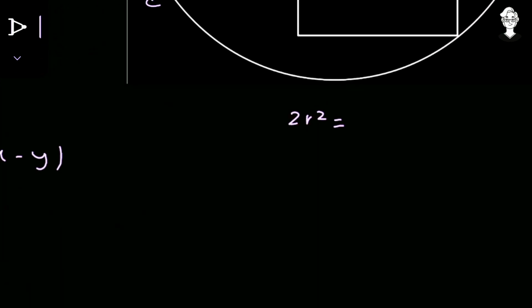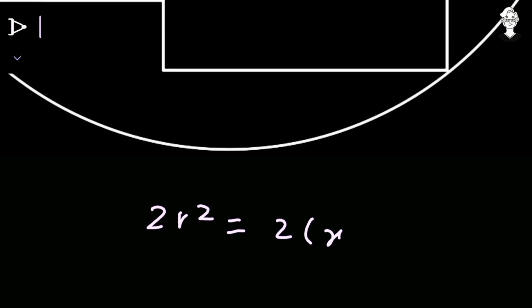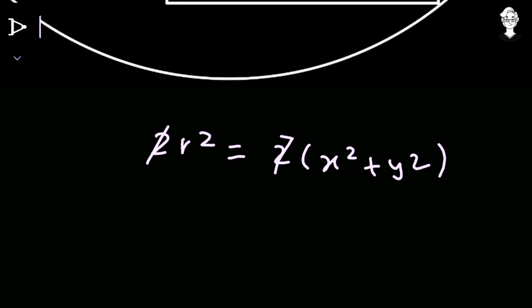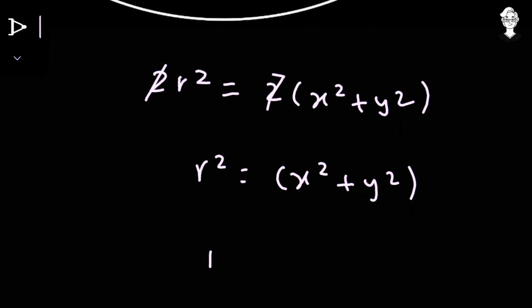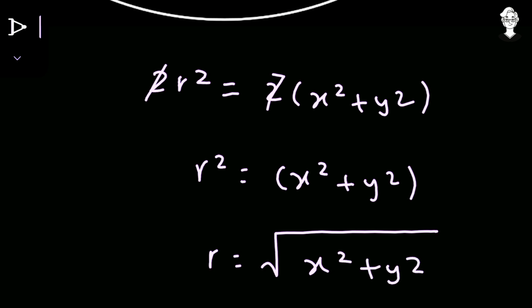Therefore AB square becomes 2 times x square plus y square. So 2 and 2 cancel out, and we get r square as x square plus y square. So r square is equal to x square plus y square, and from here r is equal to the square root of x square plus y square. Both of these equations are important, so we will just keep them like that.